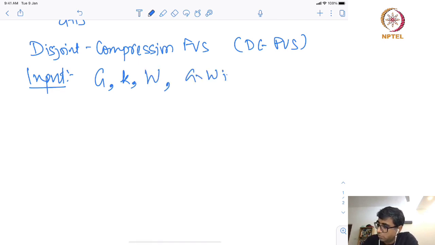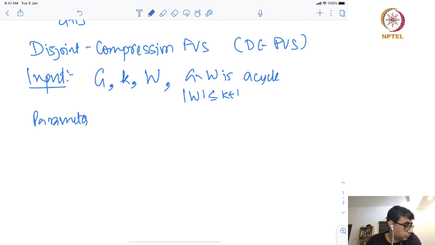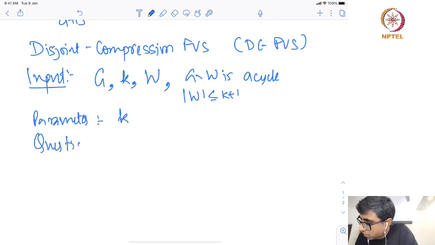G minus W is acyclic and W has size k plus 1. My parameter is k.